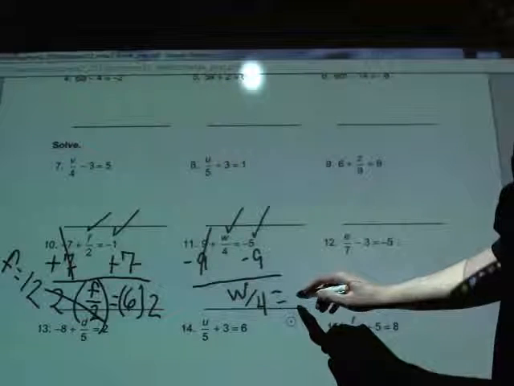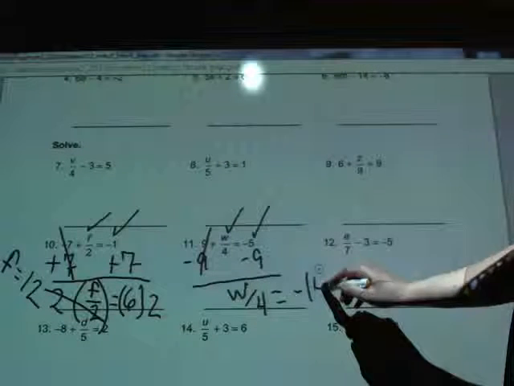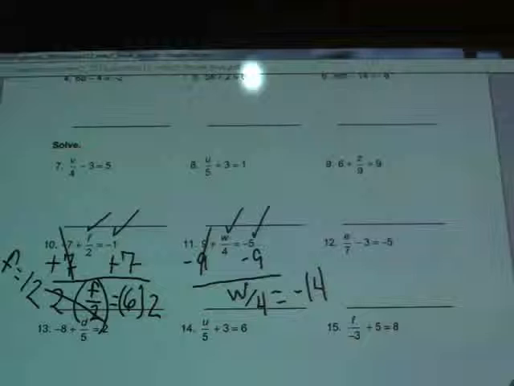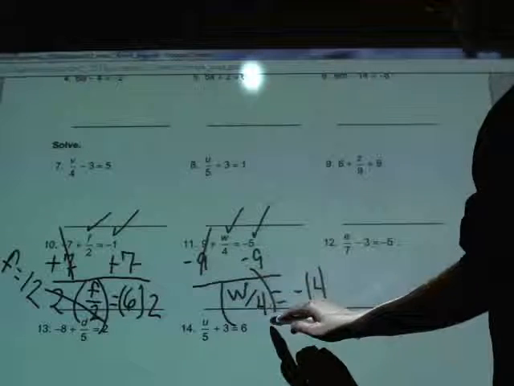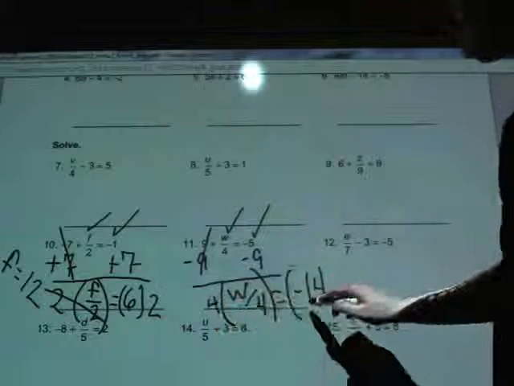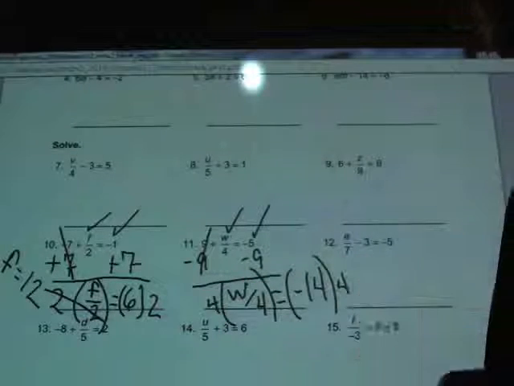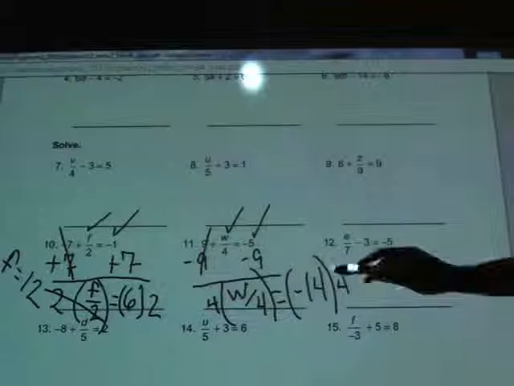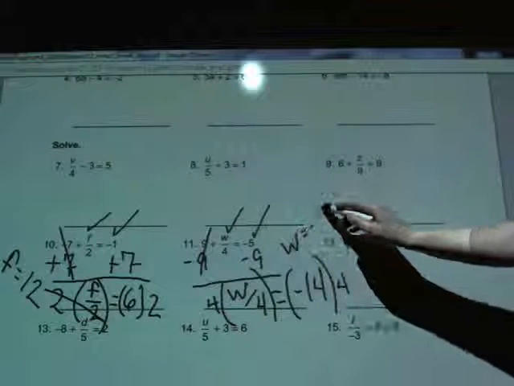So this is w over 4 equals negative 14. Negative 5 minus 9 is negative 14. And then doing the opposite with the dividing by 4, which is to multiply both sides by 4 here. And when I do that, negative 14 times 4, that's going to give me negative 56.